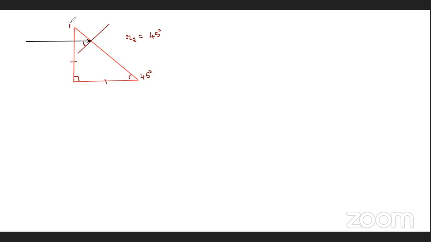So this is A, correct? R2 equals A, and that A is equal to 45. So R2 is equal to 45. If it is grazing the surface, then this angle will be the critical angle.